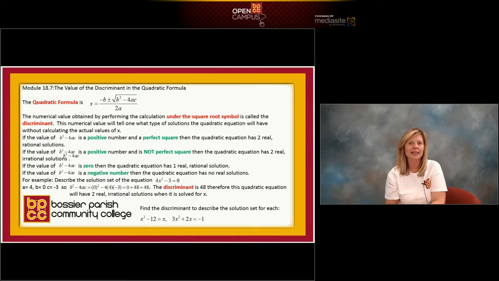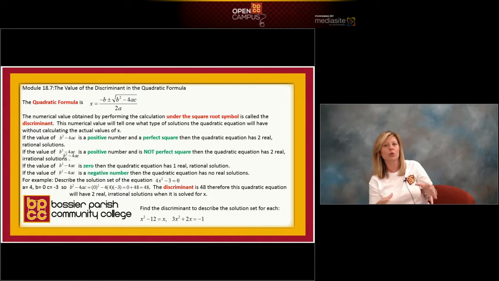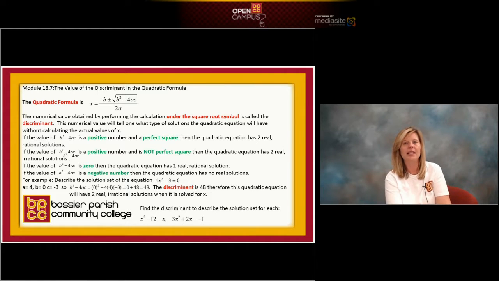And last but not least, if the discriminant is a negative number, we know we cannot perform a square root of a negative number, which tells us we will have no real solutions. So the discriminant, the b squared minus 4ac, is a little trick. It helps us know what types of answers we should get for x without actually figuring out the answers.